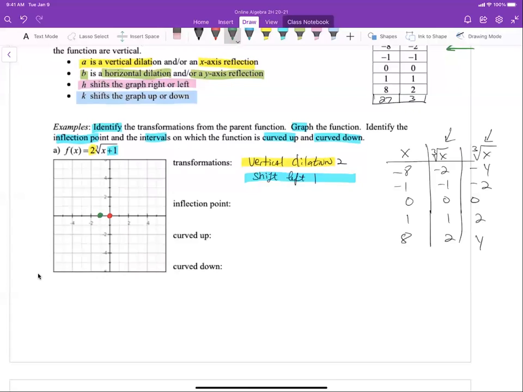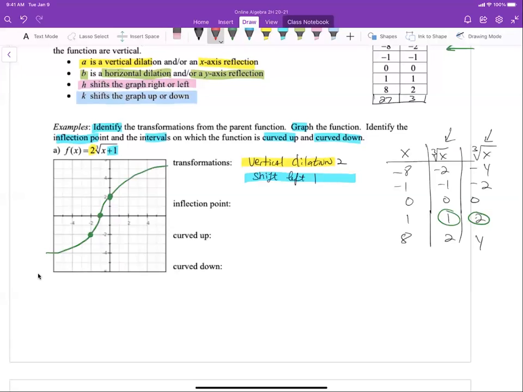And I normally would have gone over 1, up 1. Now I'm going to go over 1, up 2. Normally I would have gone to the left 1, down 1, but this time I'm going to go to the left 1, down 2. Now we don't have enough room to go over 8. So these are the only points that we're going to worry about. And then we're going to get something that looks like that. And I'll get rid of this original point.